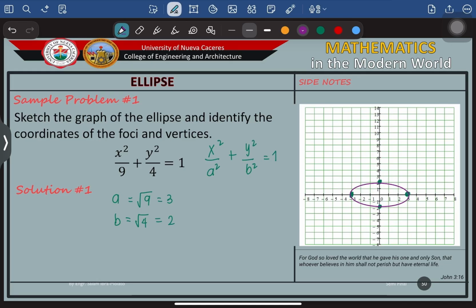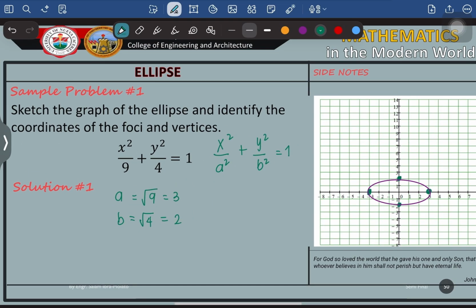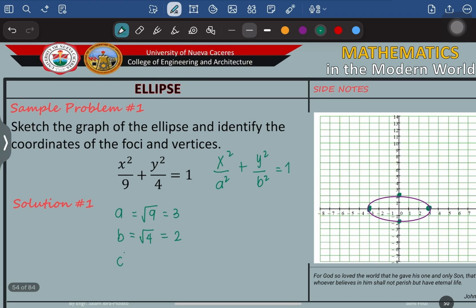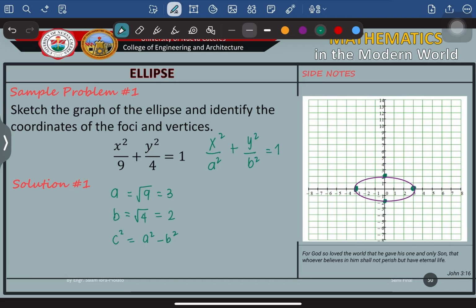Then in the problem, we are asked to identify the coordinates of the foci. So to get the distance of the foci from the center, it is given by c squared is equal to a squared minus b squared.